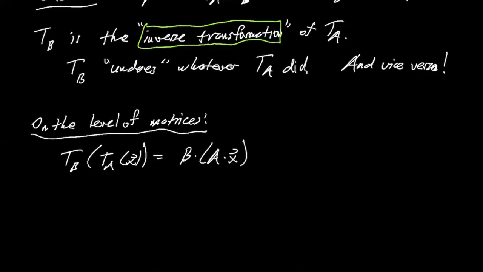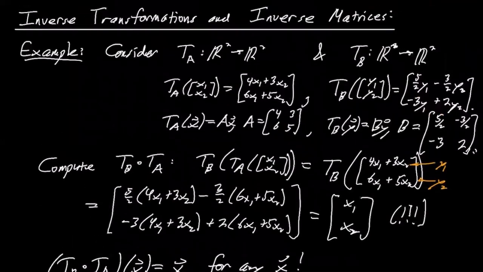In terms of matrix multiplication, which is BA times X. And so let's just compute BA, right? We had B and A up here. There's the matrix B. There's the matrix A. So let's just do B times A.